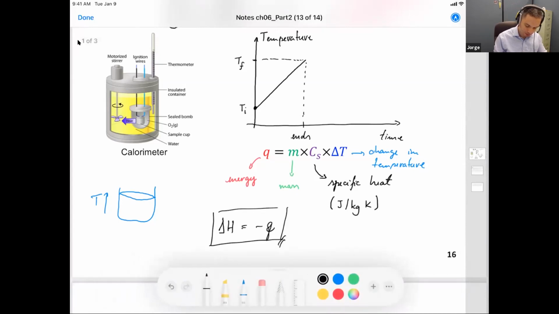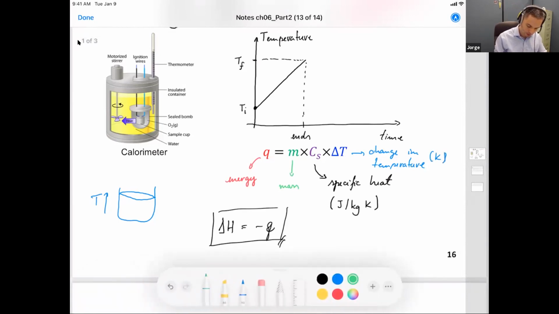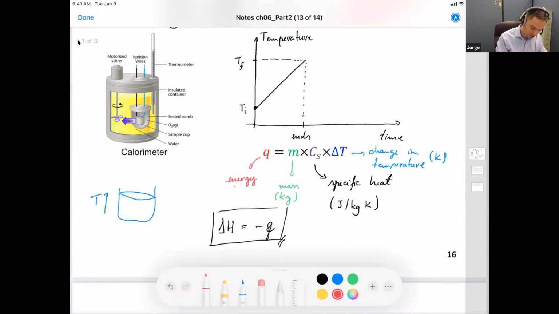Change in the temperature: let's use here the international system unit, which is Kelvin. For mass, the international system unit is kilograms, and energy is going to be given in joules.